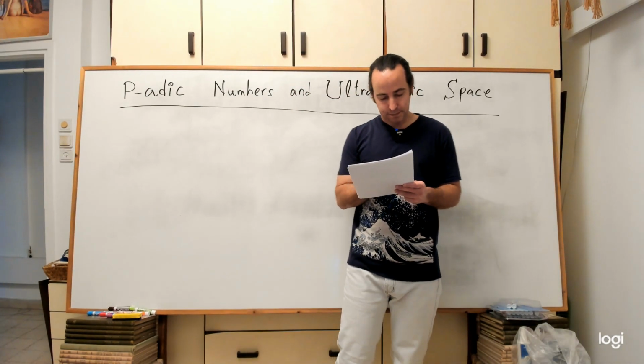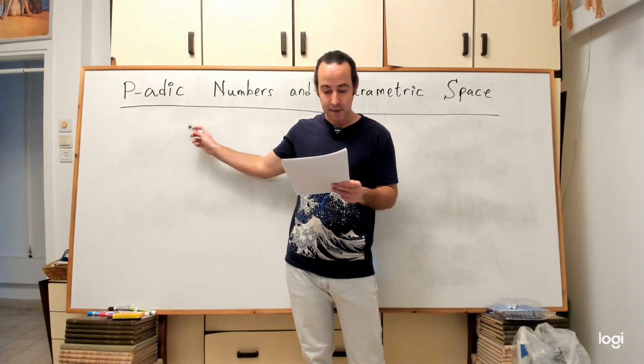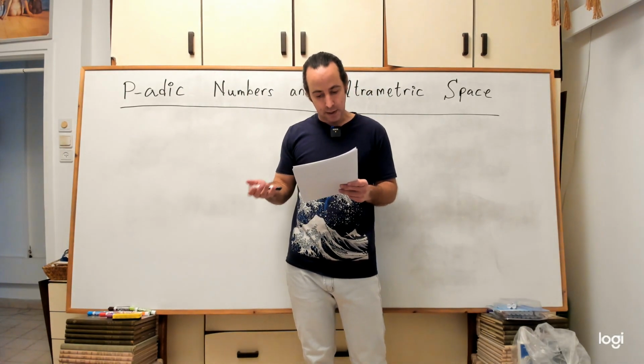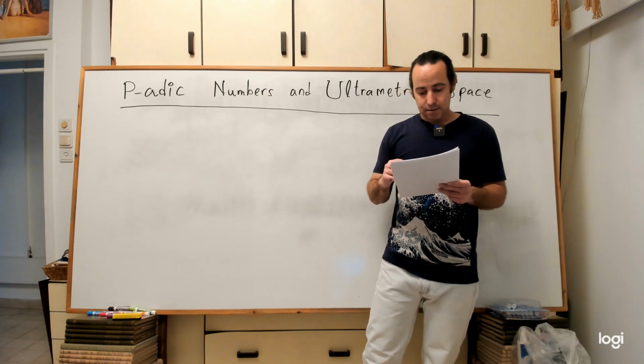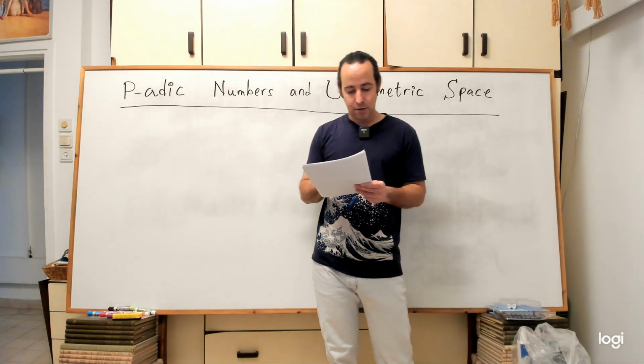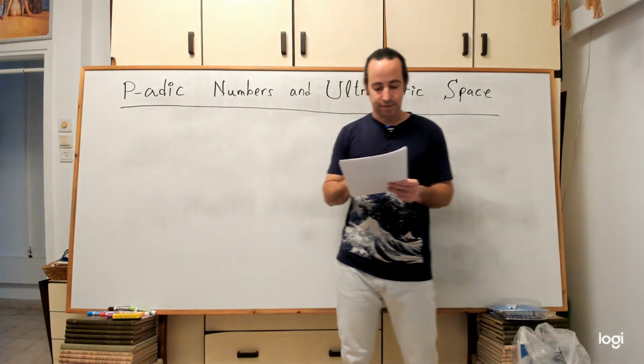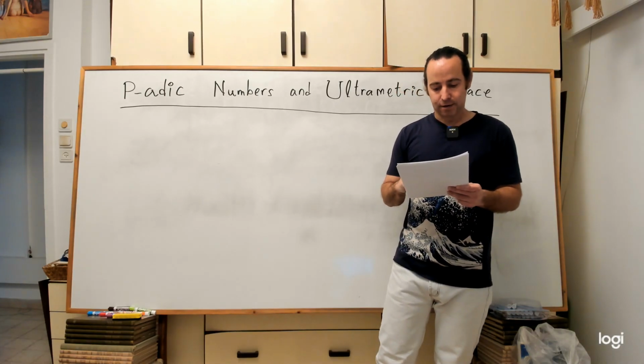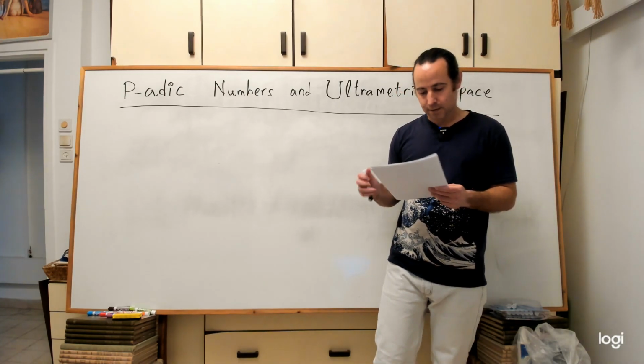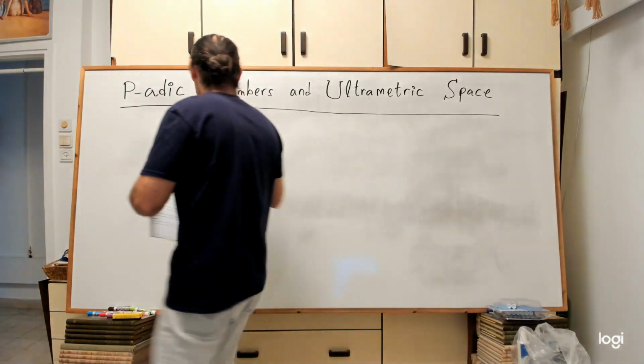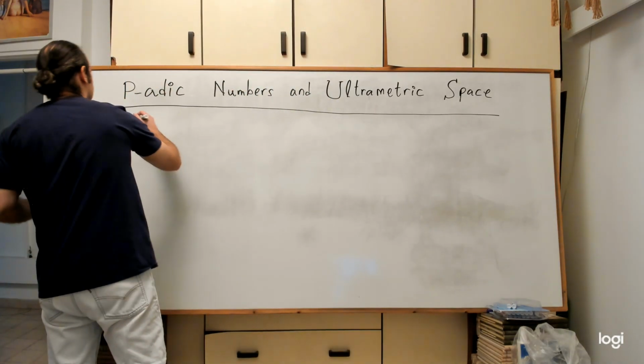Sorry. The world of p-adic numbers is upside down, in the sense that instead of the difference, we look at the reciprocal of the difference, 1 over the difference. Okay? So, p-adic numbers are upside down.